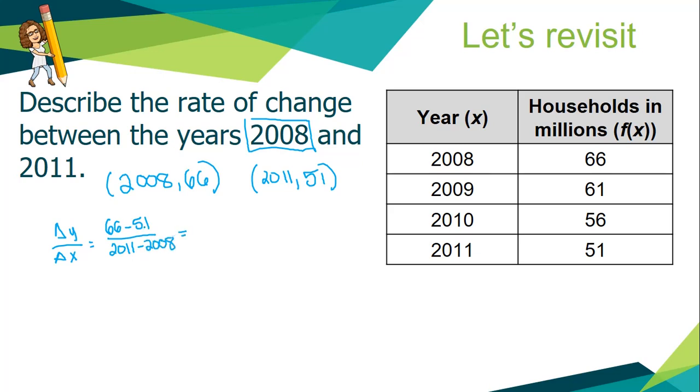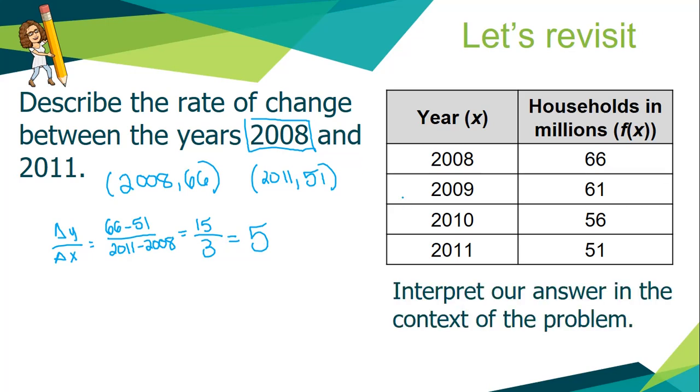So 66 minus 51, that would be 15. This is 3. So it looks like I'm getting 5, right? For my average rate of change.